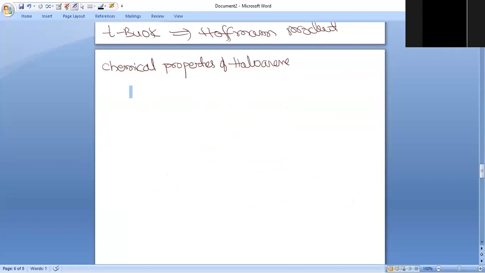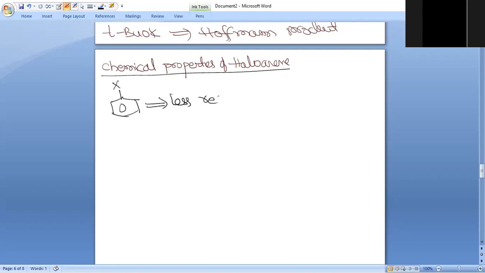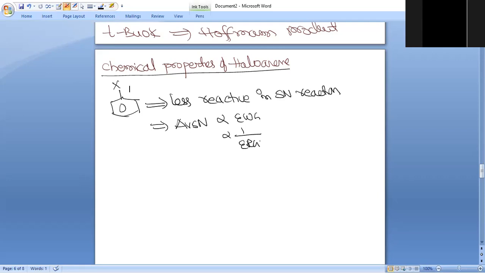Haloarenes case, previously we discussed some points while discussing mechanisms. What we have discussed: these haloarenes are less reactive in SN reactions. And the ArSN reaction, aromatic nucleophilic substitution, is directly proportional to electron withdrawing groups and inversely proportional to electron releasing groups.